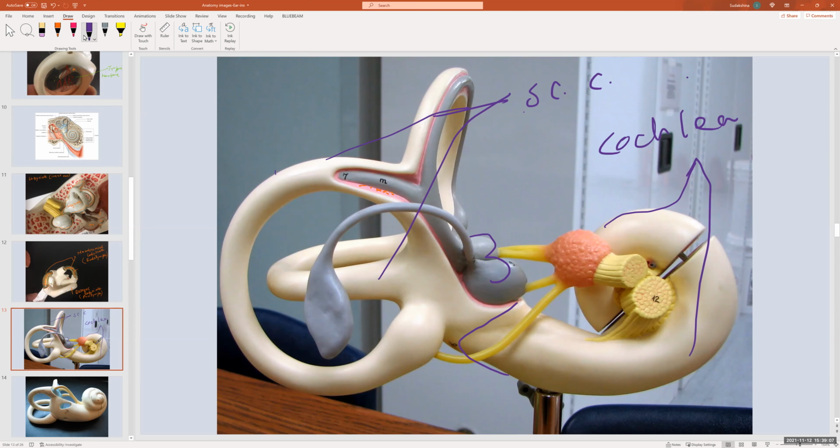Okay, so now we've got a cranial nerve that innervates this part. This cranial nerve, all of it here, call this vestibulocochlear nerve.